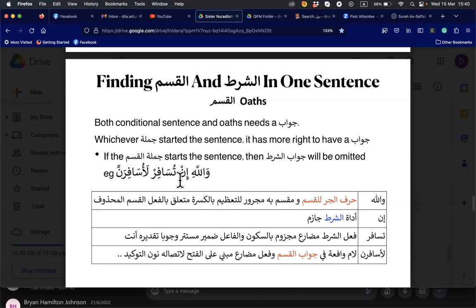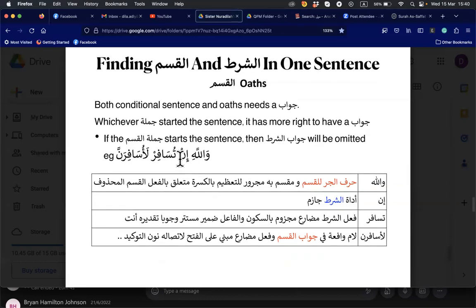Technically, if you do this, then I will also do this, it is a finisher, but wallahi being the one that comes first, that one gets a jawab. So basically saying wallahi is one thing, and here is your jawabul qasam.